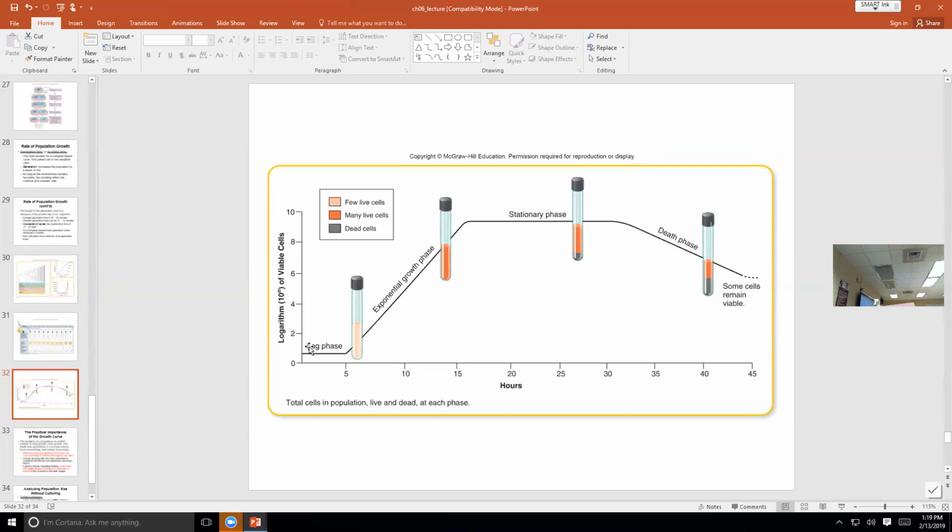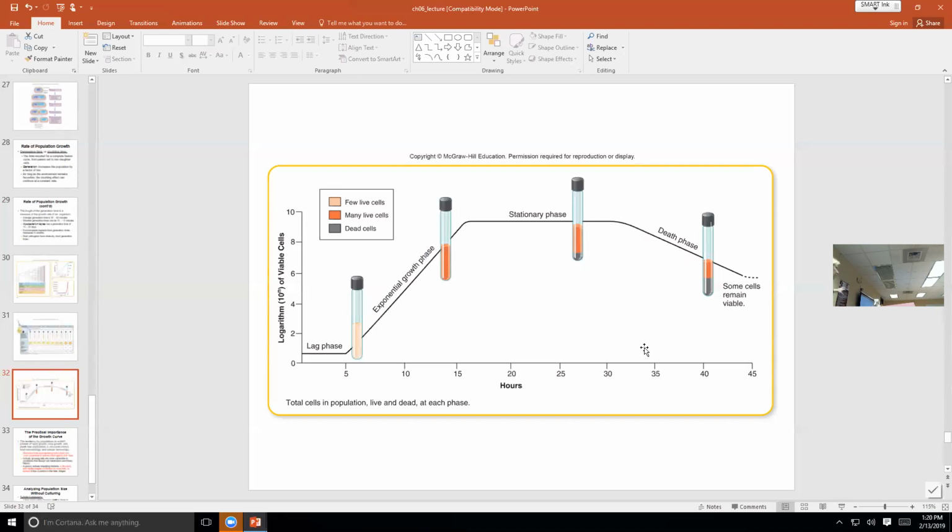Does it make sense to you all that when a microbe first enters, and this is a test tube, but you can think about it as your body, when a microbe first gets introduced into your body, there's going to be a little period of time that it's acclimating to your cells? This is actually referred to as a lag phase. Then all of a sudden, there will be exponential growth, which means the doubling time, it's really growing rapidly. Then there will be a stationary and then death phase.